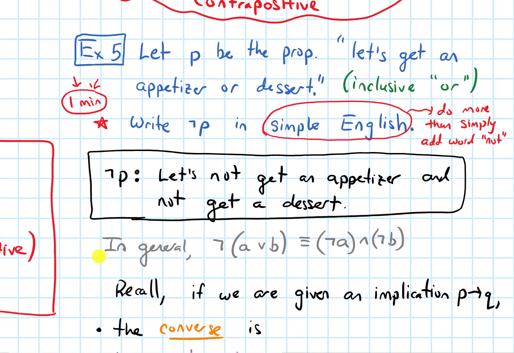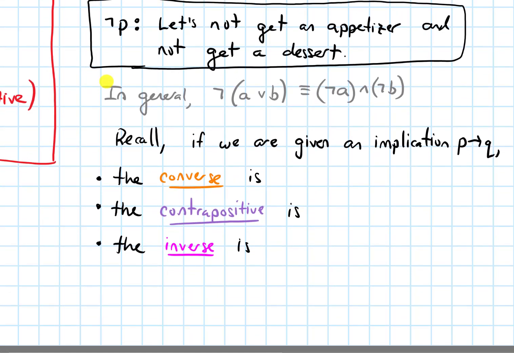Alrighty. So next, I want to review some terminology. Recall that if we are given an implication of the form P implies Q, the converse is Q implies P, so it switches the order of the propositions.